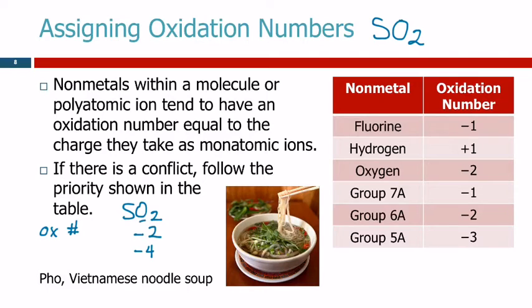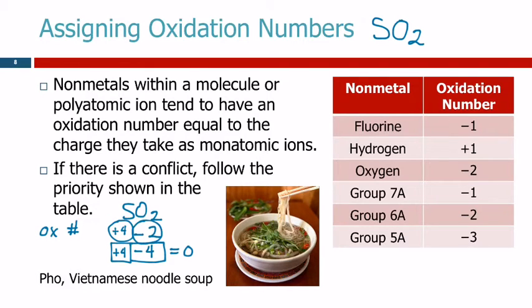I think your book uses circles and squares. These numbers down here have to add up to 0. So what do I need over here? +4. I need +4 in here. Then I look up here, I've got 1 sulfur, and I need a total of +4 in the oxidation number, so this one has to be +4.